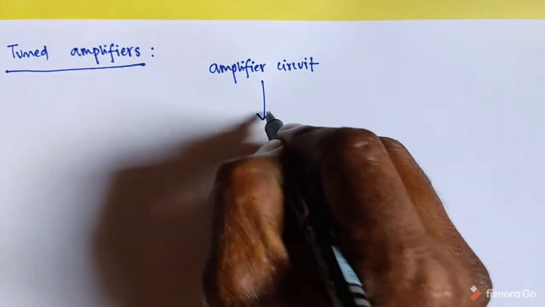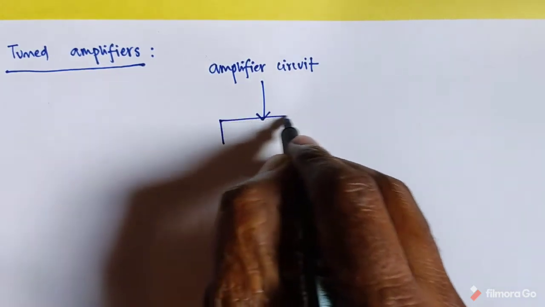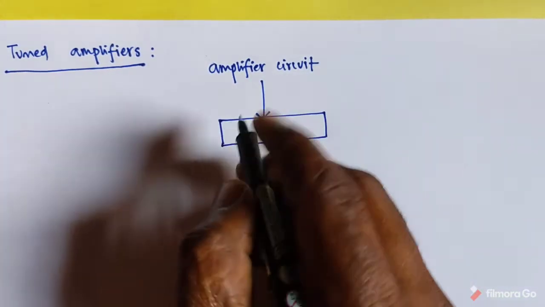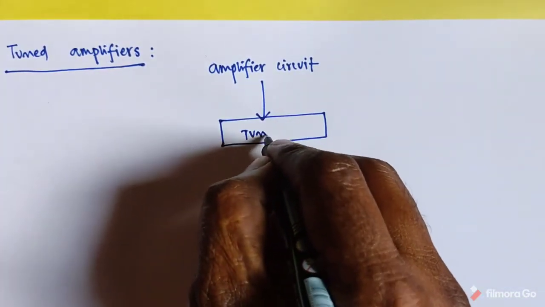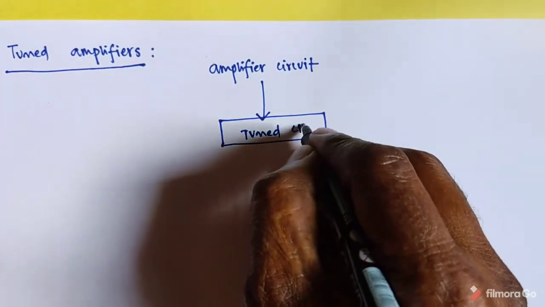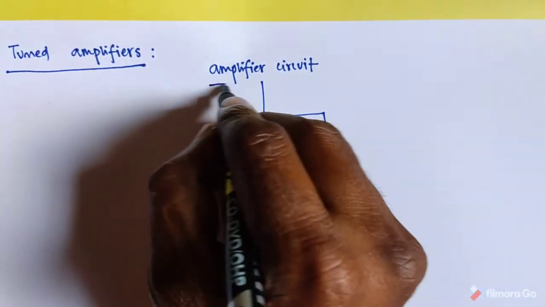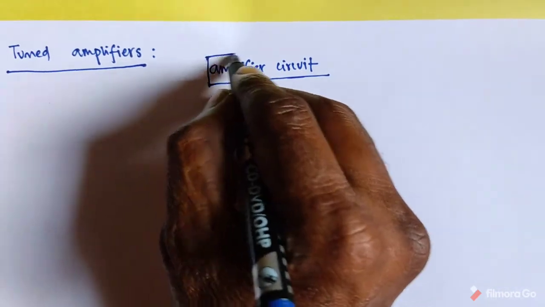Now to that amplifier circuit we have to add one tuned circuit. This is the basic circuit diagram, the amplifier circuit.